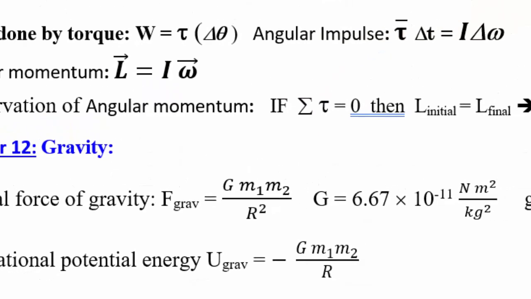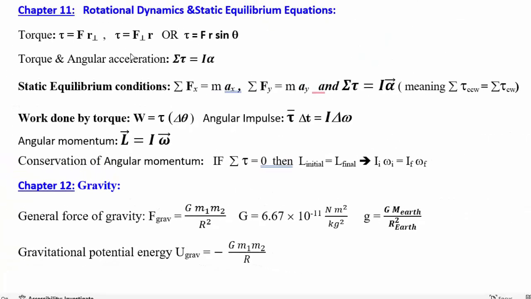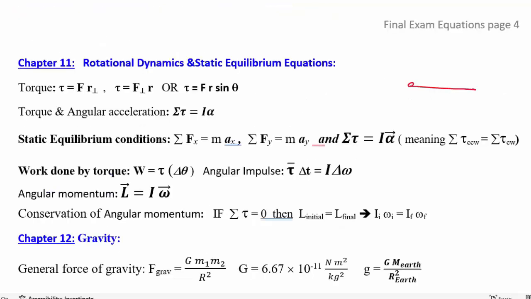Okay, in chapter 11, we talk about torque. Torque is the force of rotation, and it depends on the force applied and the lever arm. So if you have a rod here, and suppose this rod is rotating around this point here, where the axis of rotation is into the page, and if you apply force here, this force will cause the object to rotate. Now, what causes the rotation is the component of the force that is perpendicular to the lever arm.